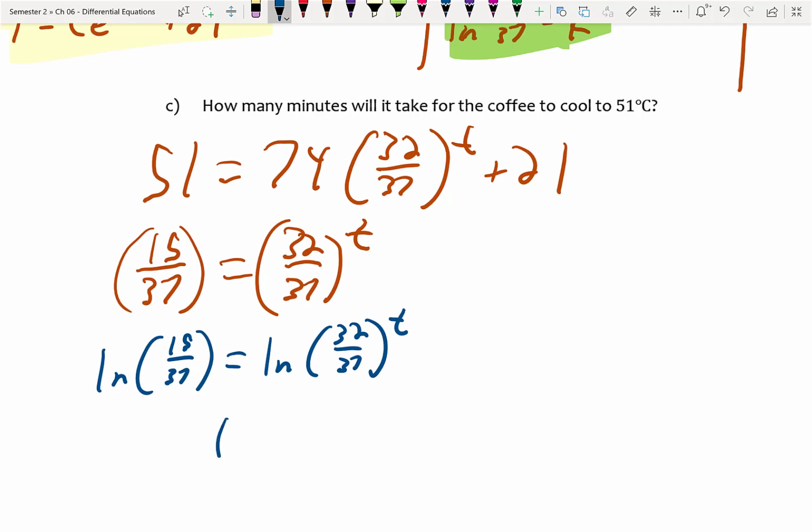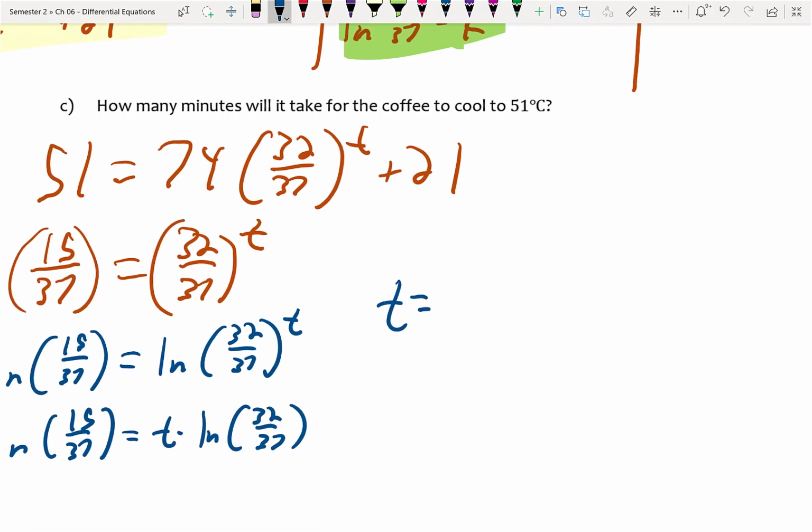So I would get t is equal to, well, I should write it with the coefficient in front first. This is t times the natural log of 32/37ths. So you get t is equal to the natural log of 15/37ths over the natural log of 32/37ths.